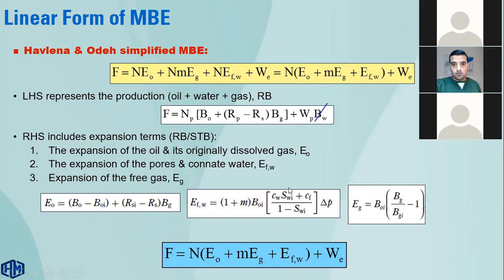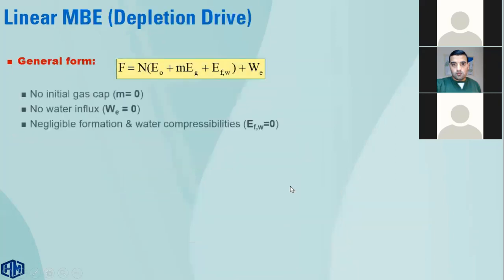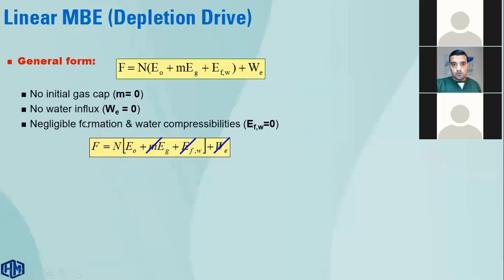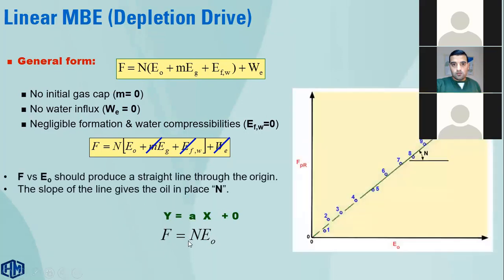So if we consider a reservoir with no initial gas cap, so M equals 0, no water influx, W equals 0, and we neglect E sub F,W, then in this case F will equal N times E sub O. If we present this as a straight line equation, we have y equals ax plus 0.